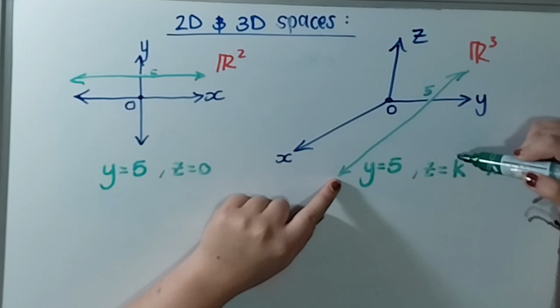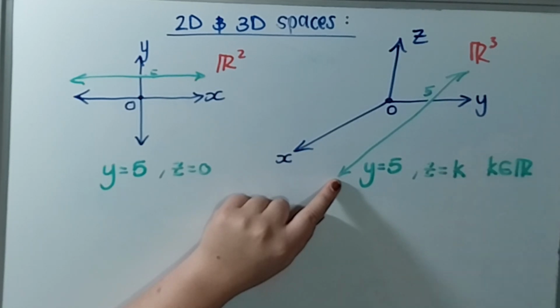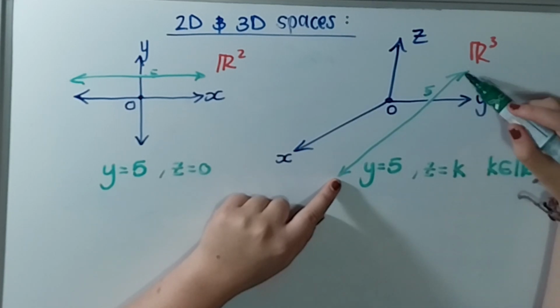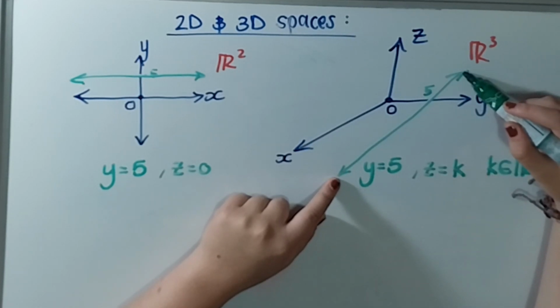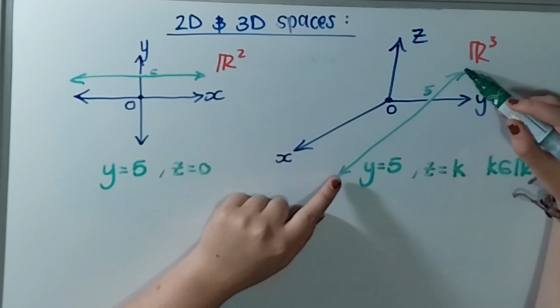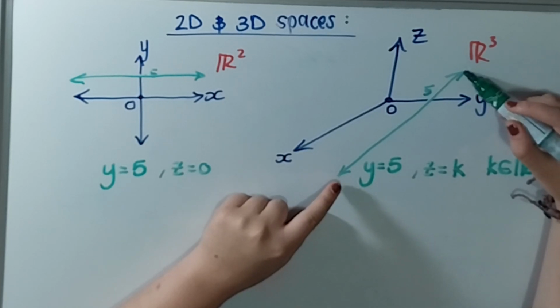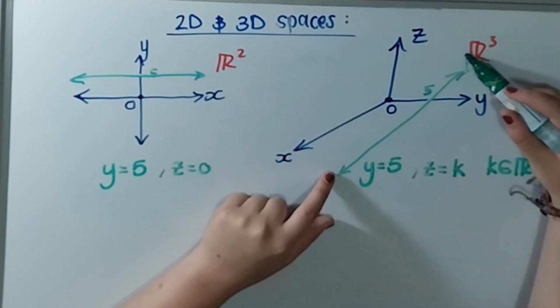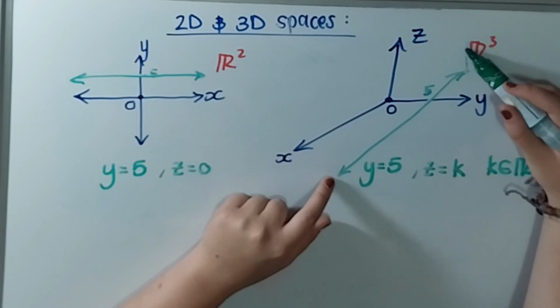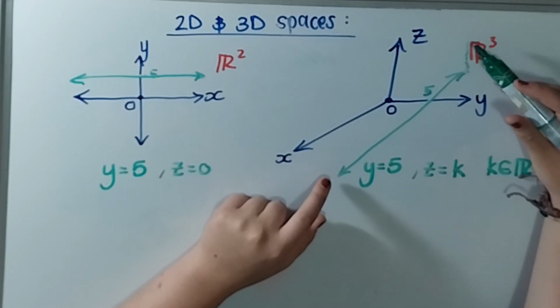k represents a constant, meaning that we start at, let's say, z equals 0. This is z equals 0, right? Then we start at z equals 0, 0.001, 0.002, 0.003, and we just keep adding lines on top, and we go on like this infinitely many times.